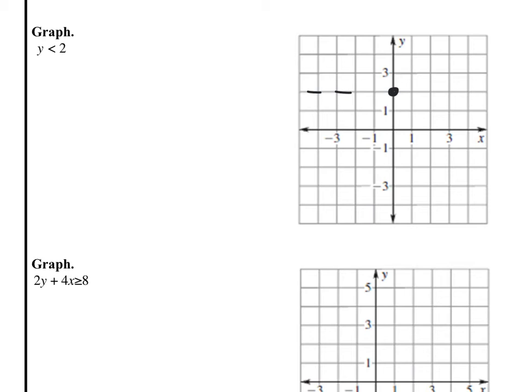It has to be less than 2. And because it's less than, numbers get less than 2 going down. So when you see less than, you shade below the line. Like that. That's it.